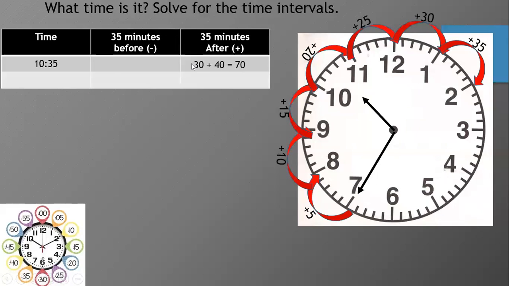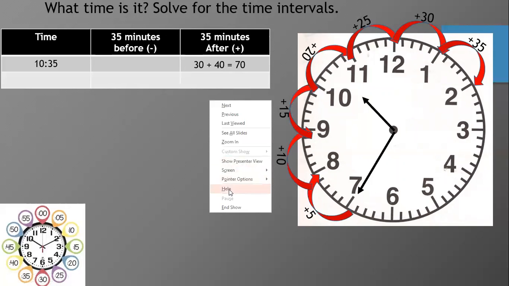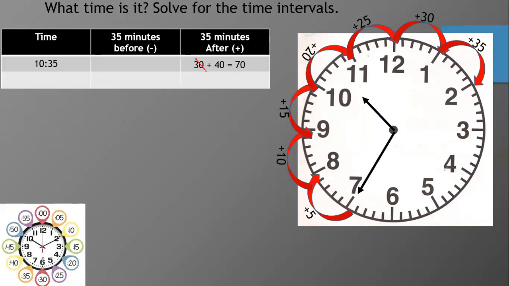Okay, so let's see if we can add our minutes together to get an answer. So once again, we have, oh, I'm sorry, this should actually be 35 plus 35, giving us 70. Let me see if I can change that. So this is 35 and 35.